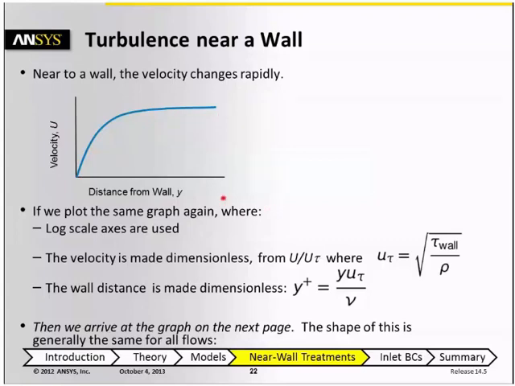If we take the same graph again, and we make the x-axis have a logarithmic scale, and we normalize the velocity using a quantity called the friction velocity, or u tau, which you can see is defined as the square root of the wall shear stress divided by the density, and we also make the wall distance y dimensionless using the friction velocity, the physical wall distance, and the viscosity of the fluid, then we arrive at the graph on the next page, which shows that the shape of the velocity profile using this normalization is generally the same for all flows.